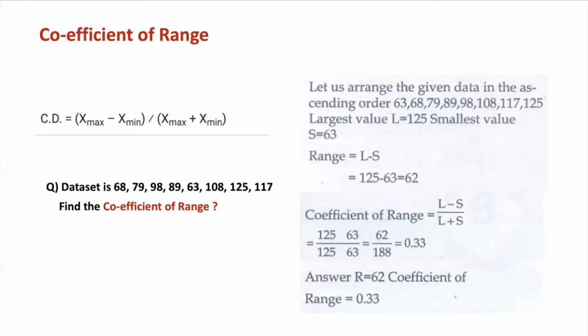So the range of the data will be 62. Now for the coefficient of range, as we have seen in the formula, it will be largest minus smallest upon largest plus smallest. So it will come 62 by 188, which will give us 0.33. So the range for this data set is 62 and the coefficient of the range is 0.33.